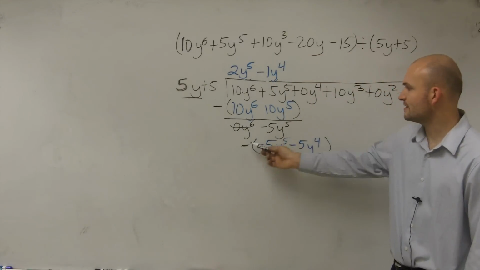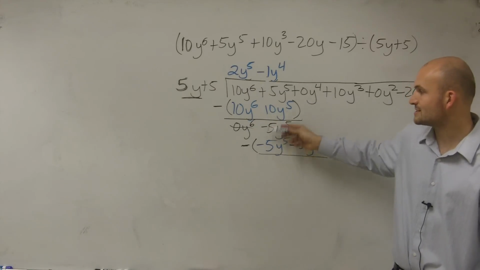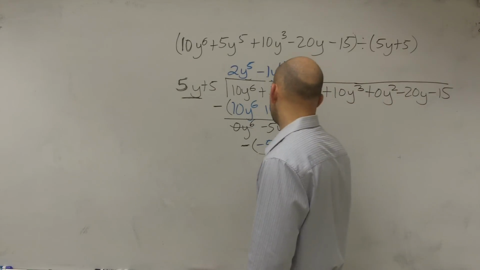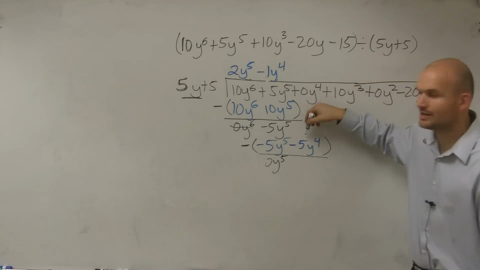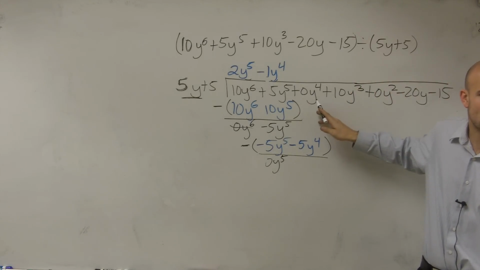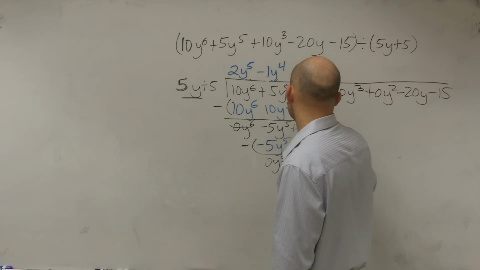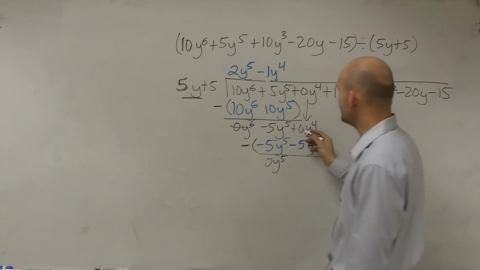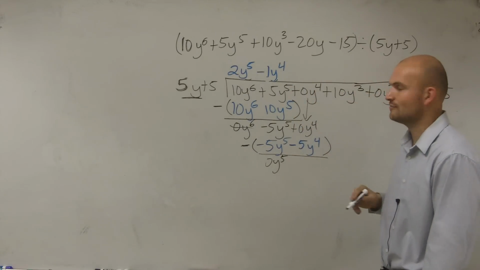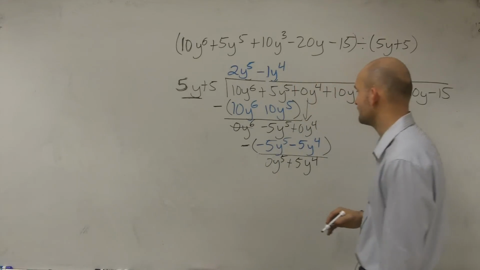Negative 5y to the 5th minus a negative 5y to the 5th, double negative, makes it positive, so it becomes 0y to the 5th. I don't have anything to the 4th power; that's why I wrote 0 times y to the 4th, so you have a place value. So you can bring it down. 0 minus a negative 5y to the 4th is a positive 5y to the 4th.